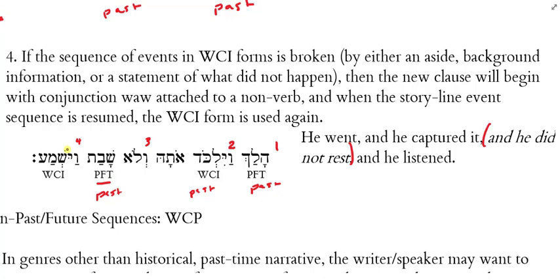It's just a matter of whether that vav will be the vav consecutive vav or the special vav that makes it a vayiktol form, or whether it'll be just a simple vav. But almost every clause in Hebrew begins with a vav. And as we get into Hebrew reading in the fall or next semester, you're going to see this over and over again as you read Hebrew narrative.